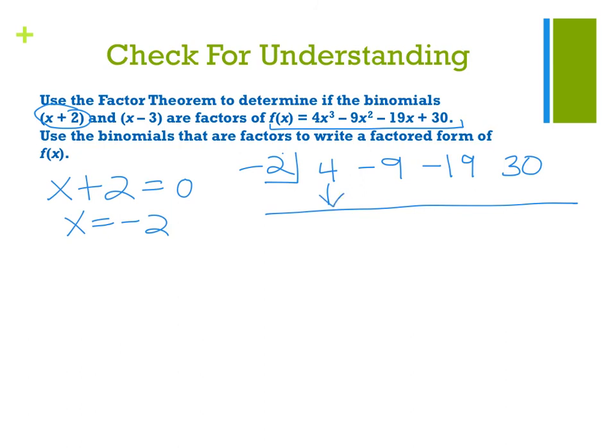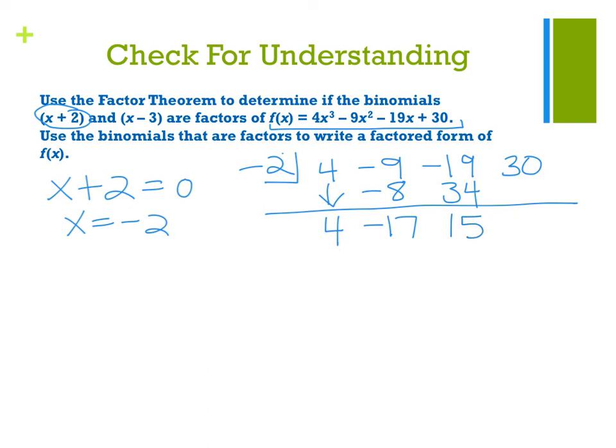By carrying down the first term, I get 4. 4 times negative 2 is negative 8. Negative 9 plus negative 8 is negative 17. Negative 17 times negative 2 is a positive 34. I'm going to add 34 and negative 19, which gives me positive 15.